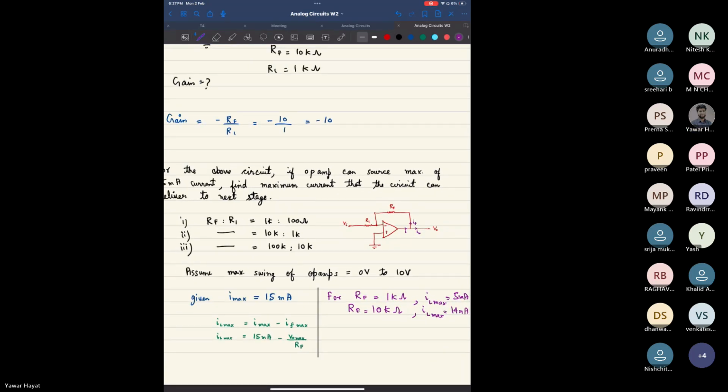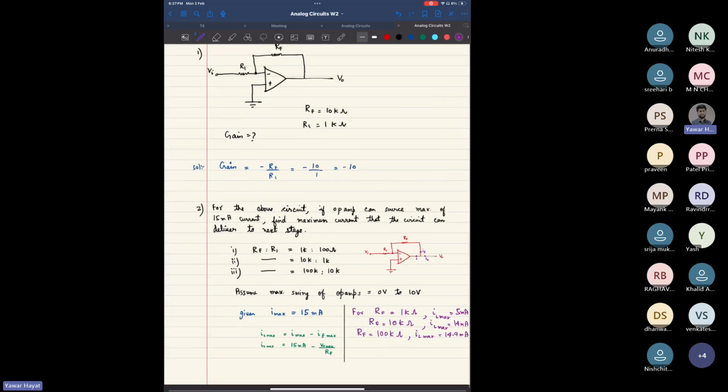RF equal to 100 kilo ohm, IL max would be how much? It would be 14.9 milliamp, correct?